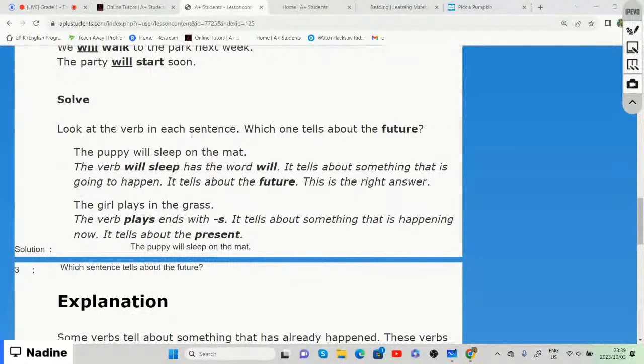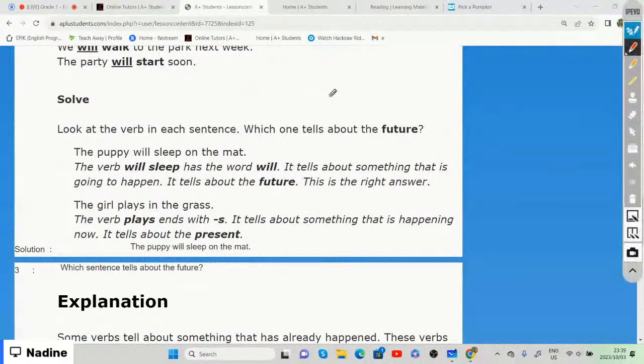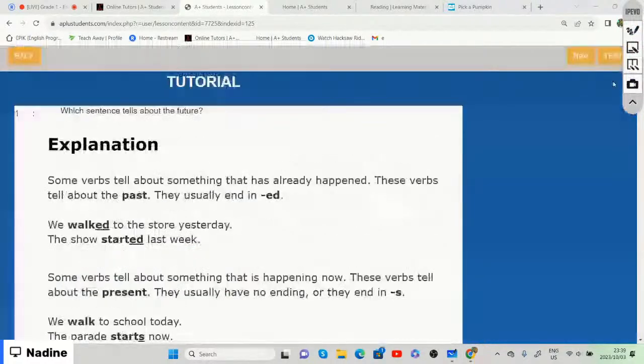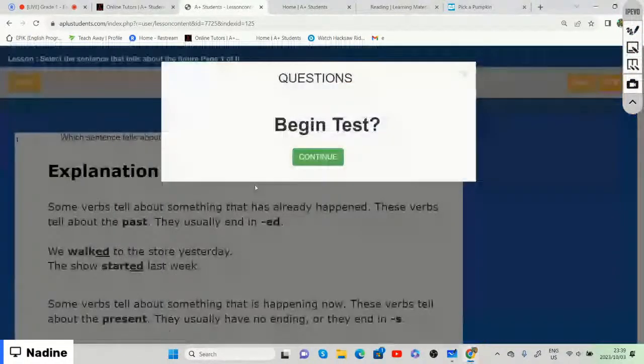All right, so choose the correct sentence that tells us about the future, and then we can say the puppy will sleep on the mat. And this tells us about something that is going to happen. If something did not happen yet, we put the word will in front of our verb.